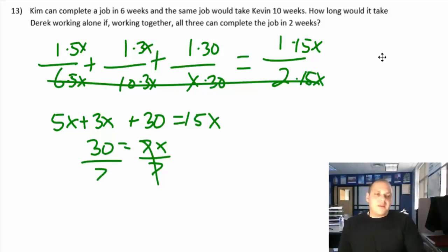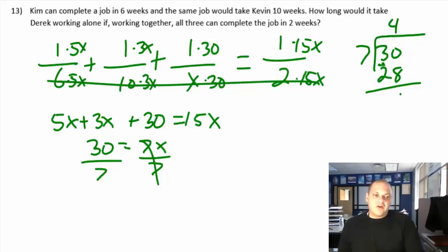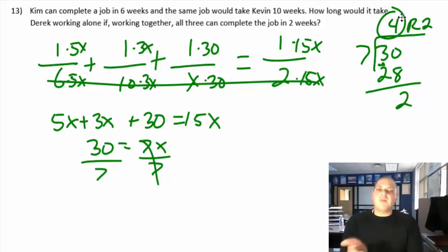We're going to do it this way. 30 over 7, it's an acceptable answer, but I want to kind of show you how to do it when we talk about actual weeks, right? Well, 30 divided by 7 is 4, which is 28, and there's a remainder of 2, right? 4 remainder 2. For what? Well, we're talking about weeks.